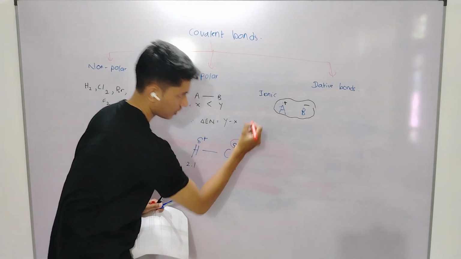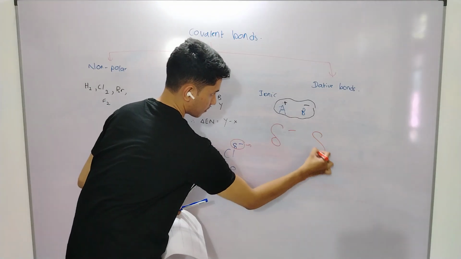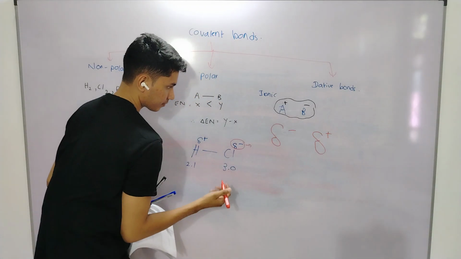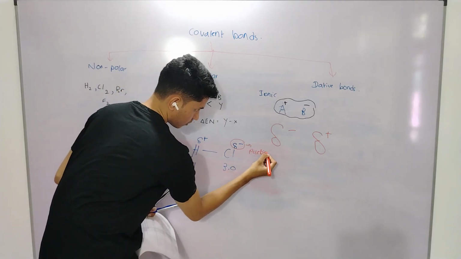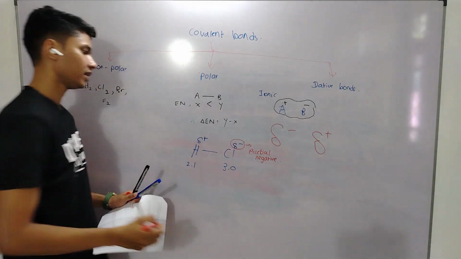We call it partial, like this, delta positive and delta negative.